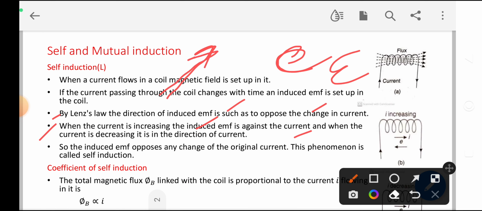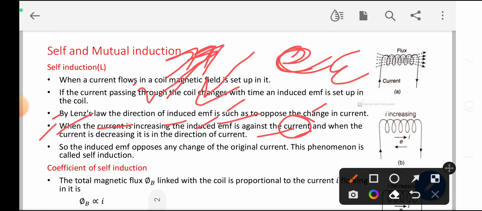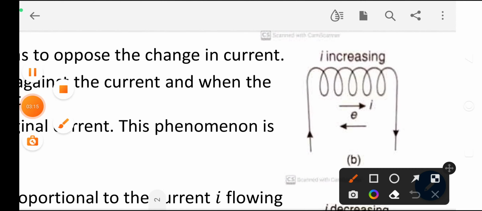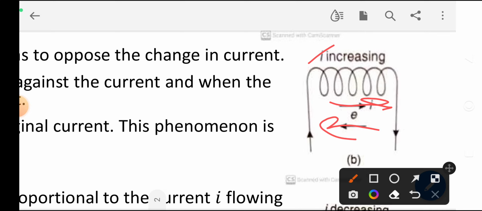If the current in this direction is increasing, this induced EMF works in the opposite direction. See the second diagram: when the current is increasing, E works opposite to it. E means induced EMF.